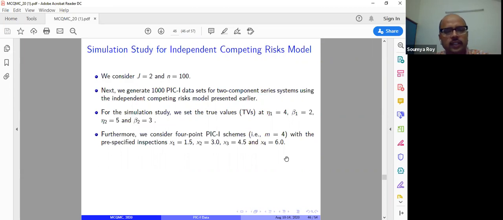So we have considered two components, and I have actually worked with 100 systems. In each case, I have generated 1,000 PIC1 data sets. Now, for the simulation study, we have worked with eta 1 equals 4, beta 1 equals 2, eta 2 equals 5, beta 2 equals 3, and we have considered 4-point PIC1 schemes with the inspections at 1.5, 3, 4.5, and 6.